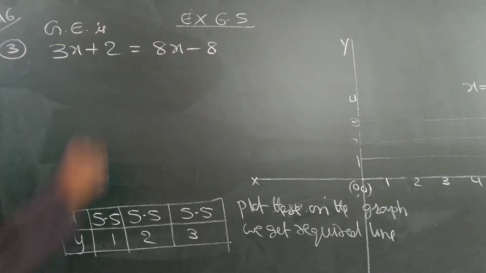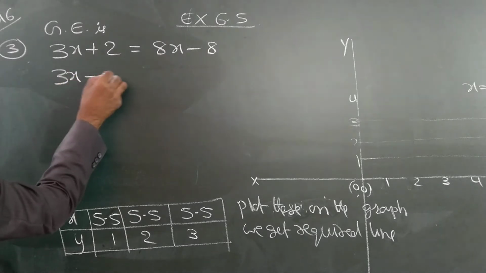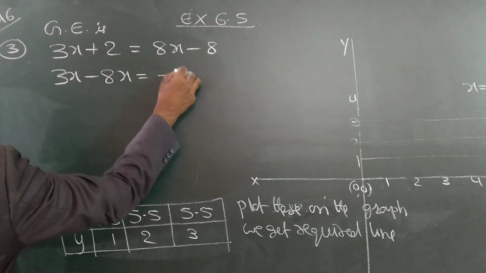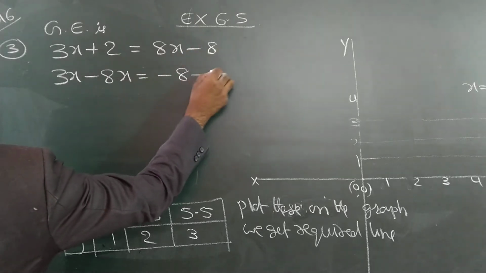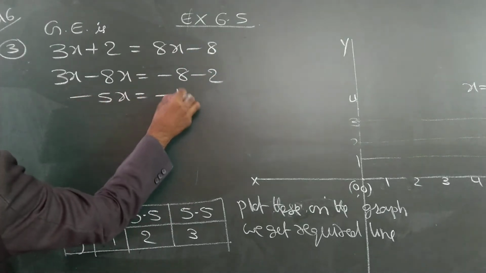Given equation is 3x plus 2 is equal to 8x minus 8. Plus 8x this side, minus 8x; plus 2 that side, minus 2. 3x minus 8x is minus 5x, equal to minus 8 minus 2, which is minus 10.